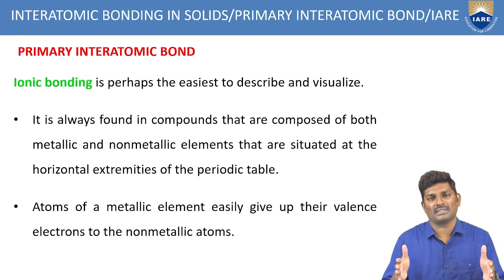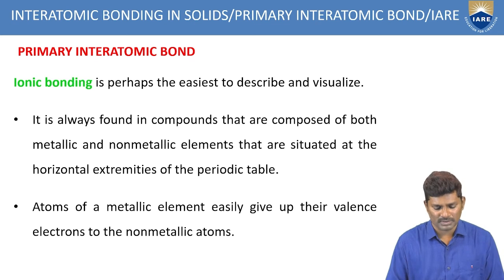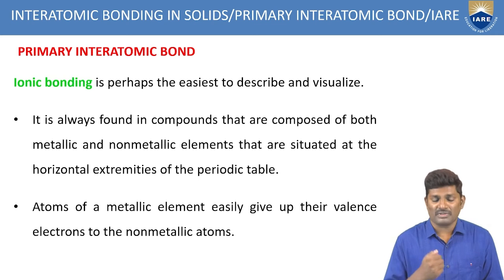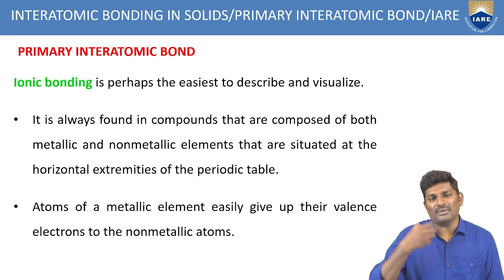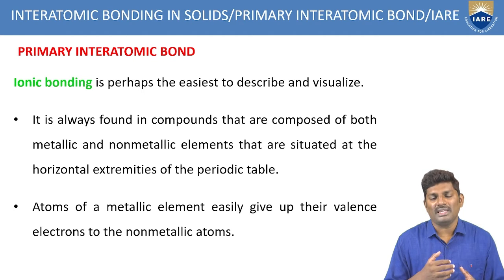Elements at these extremities will have ionic bonding. The metallic element will easily give its valence electrons to the non-metallic atoms.